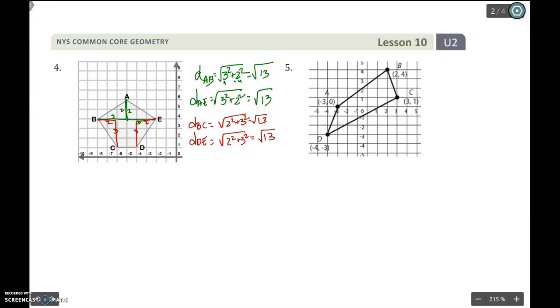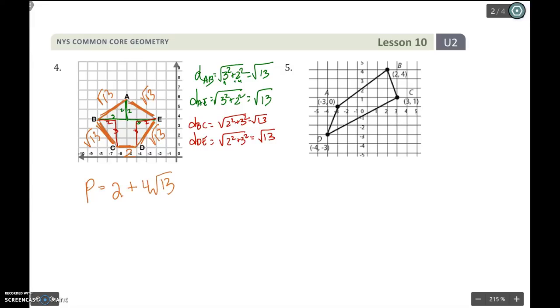And so your 4 sides here, here, here, and here are all radical 13s. Okay, and then the last side, CD, is a horizontal. You can just count it. It's 2 units long. So for your perimeter, you have that 2 plus 4 radical 13s.